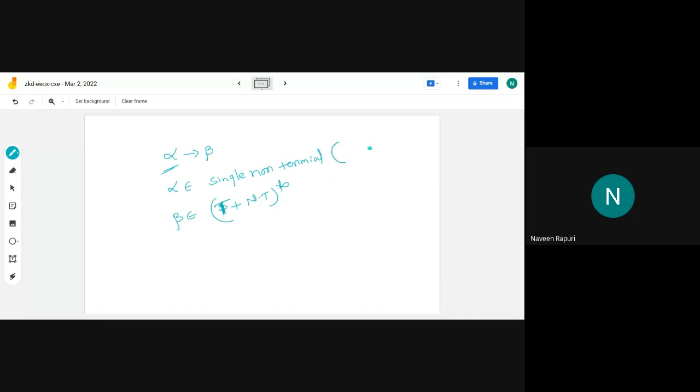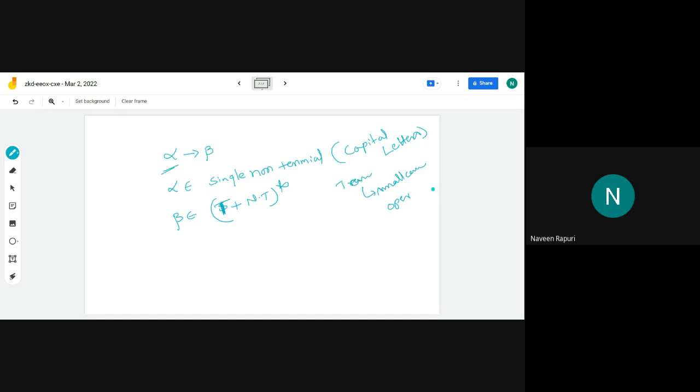The non-terminals are represented by using capital letters, and the terminals are represented by using small case letters, and operators are also considered as terminals.